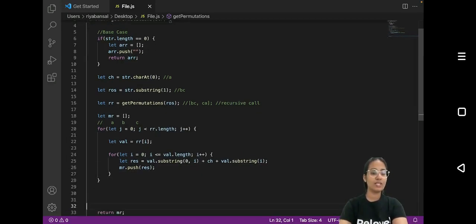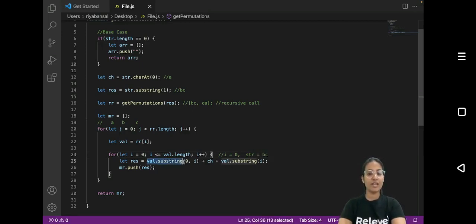So what is happening over here is that, let's say initially the value of I is 0 and the smaller string result that we are considering is BC. When I do val dot substring 0 to 0, because I is 0, this part is empty, it doesn't have anything in the start.